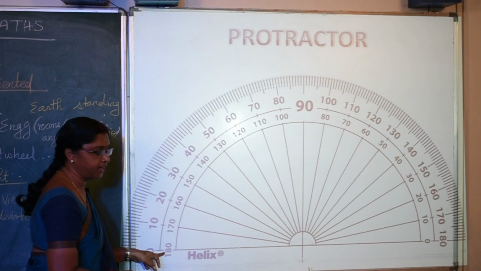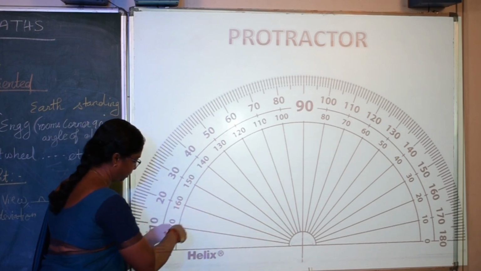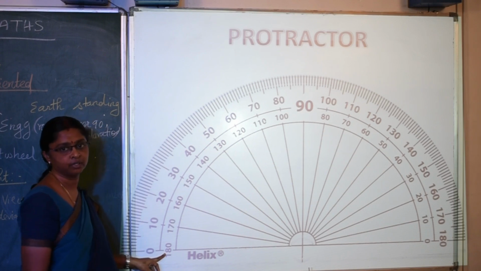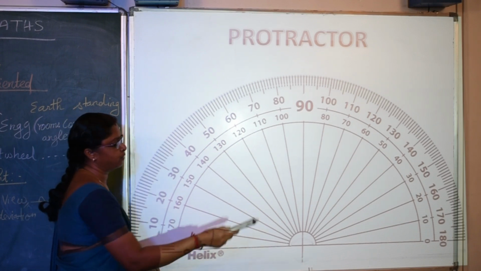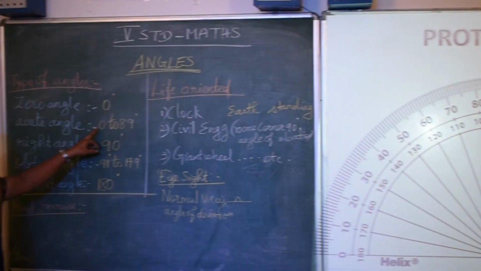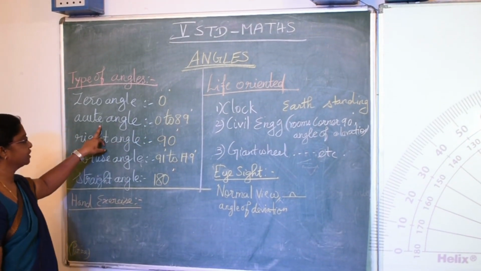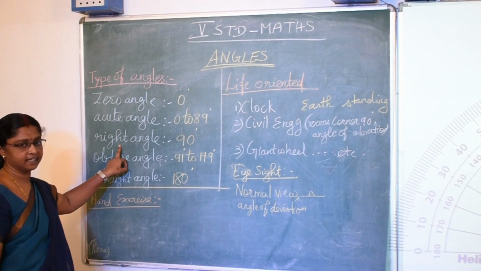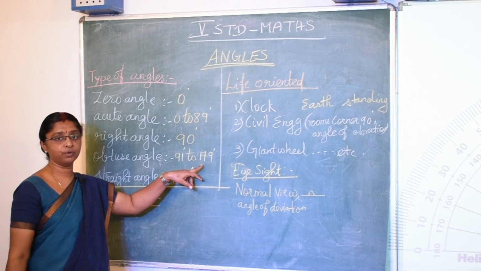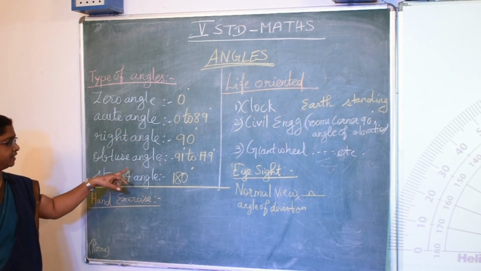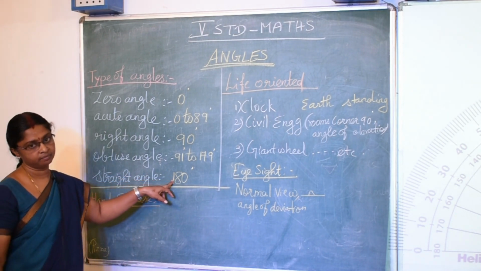And exactly 180 degree is called a straight angle. You got it here. So 0 to 89 is an acute angle, exactly 90 degree is a right angle, 91 to 179 degree is an obtuse angle, and exactly 180 degree is called a straight angle.